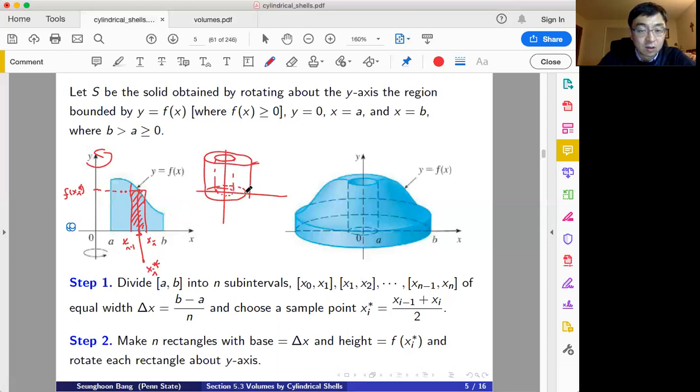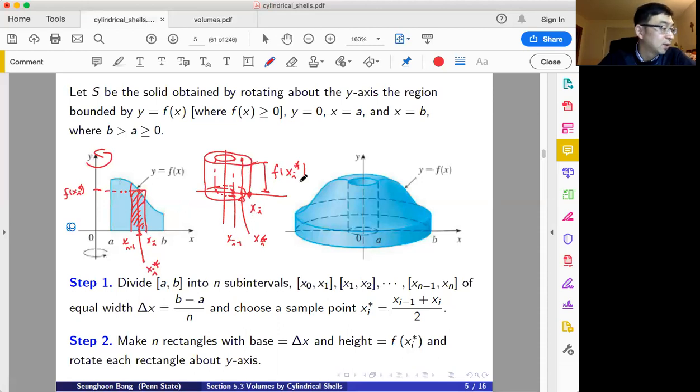This is xi, and this one is xi minus 1. The midpoint is xi star. What is the height? The height is f of xi star. So we have this kind of thing.